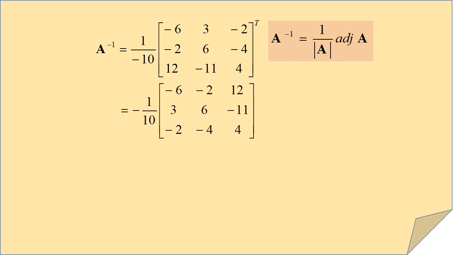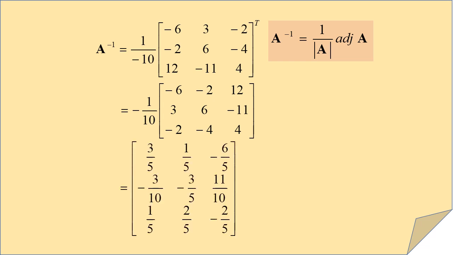We get negative 1 over 10 of negative 6, negative 2, 12, 3, 6, negative 11, negative 2, negative 4, 4. And then multiply with the constant negative 1 over 10. So we have the final answer of 3 over 5, 1 over 5, negative 6 over 5, negative 3 over 10, negative 3 over 5, 11 over 10, 1 over 5, 2 over 5, negative 2 over 5.